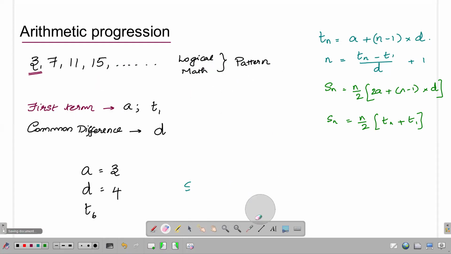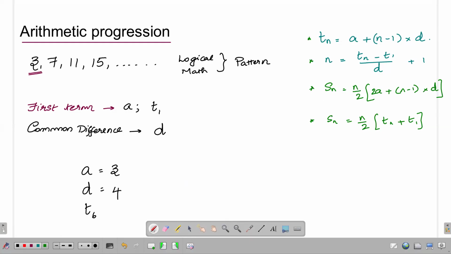If you are able to memorize them and keep them as a ready reckoner, a good majority of the questions from arithmetic progression can easily be handled. So kindly make a note of these 4 crucial formulae as far as arithmetic progression is concerned: the expression to find the nth term, number of terms, and sum to n terms, these two. Make a note of this.